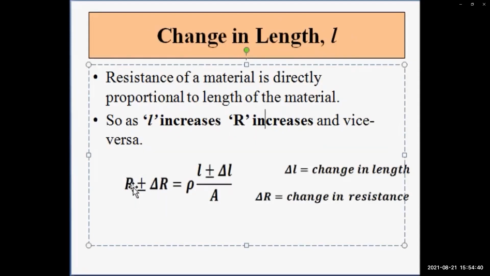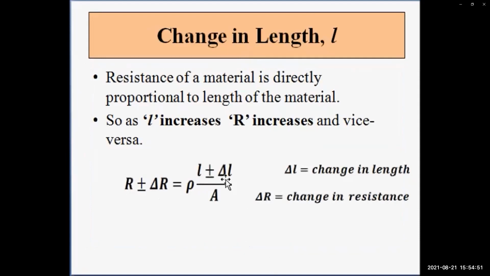Let us say that the initial resistance is R, and the length of the material which is subjected to compression or expansion is changed by a factor del L. So if there is an increase in the length, given by the positive sign, there will be an increase in resistance by a factor del R. If there is a decrease in the length, minus del L, there will be a decrease in the resistance by a factor minus del R. A is constant. Here only the change in length is considered.